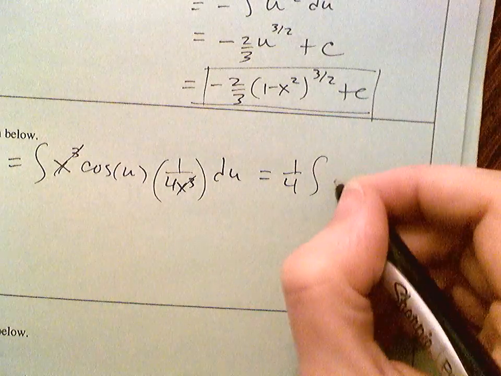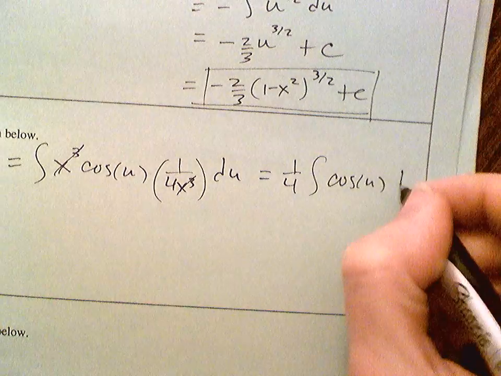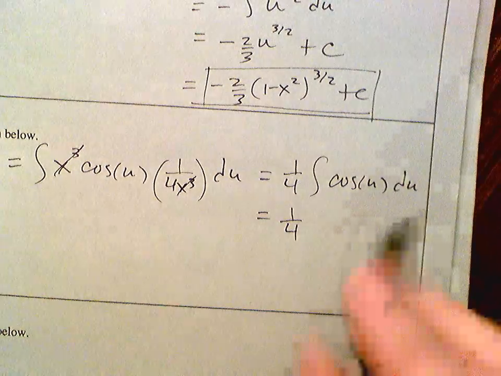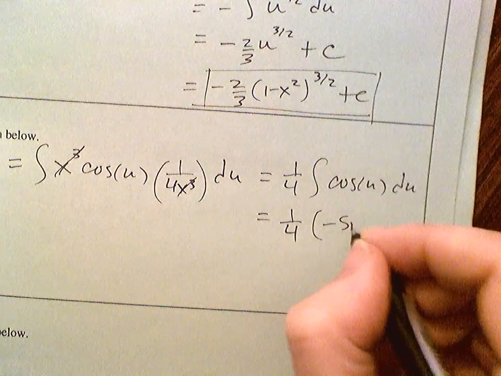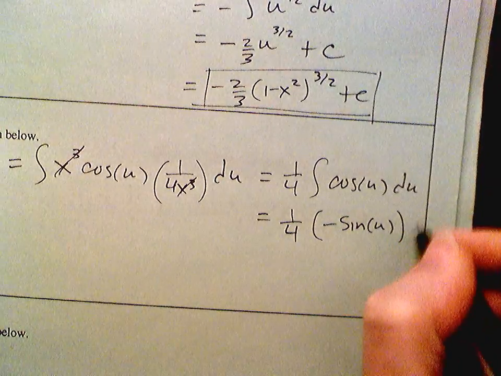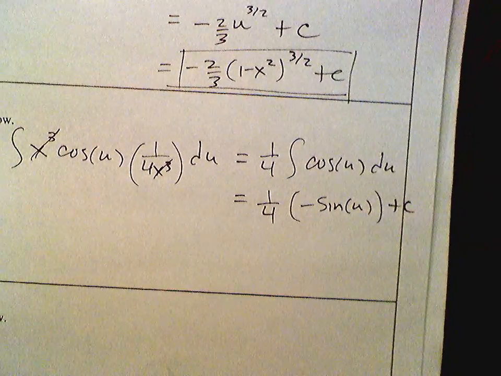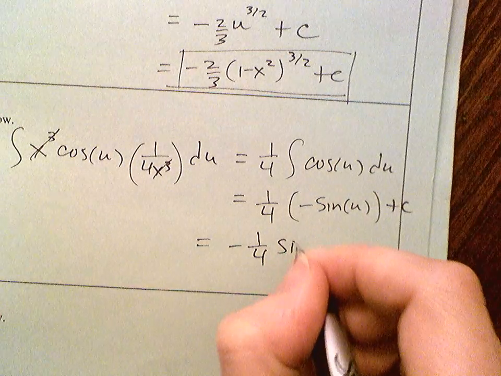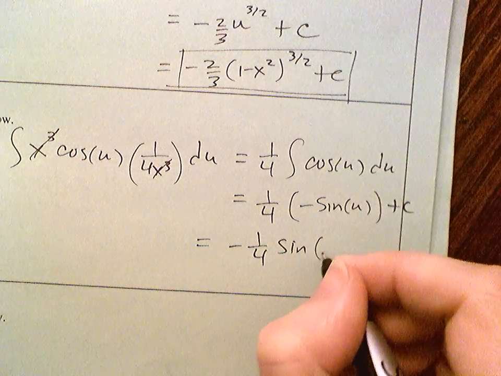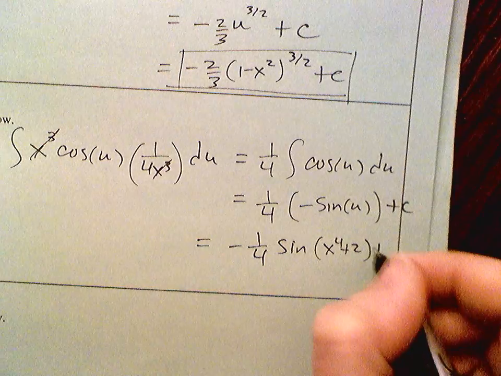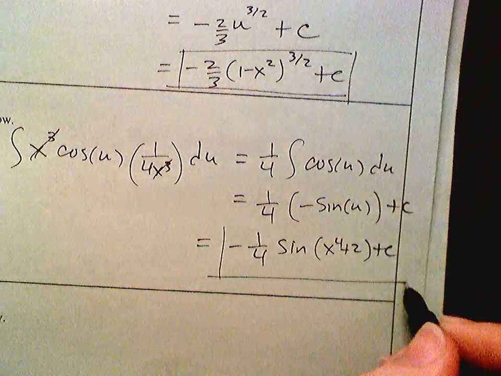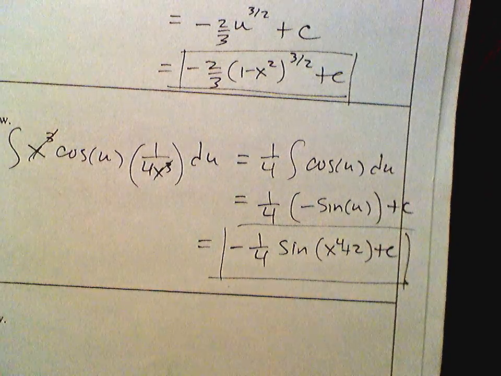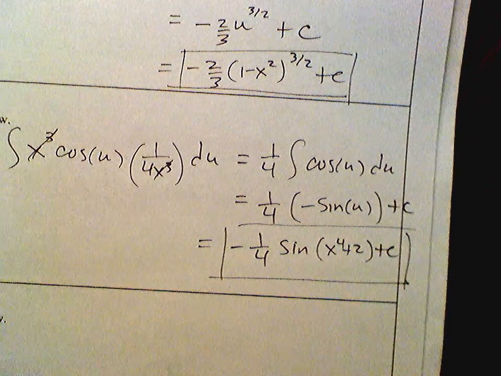So 1/4 antiderivative of cosine of u du, which is 1/4 times the antiderivative of cosine, which is sine, plus c. And then the very last step, this is 1/4 sine of x to the 4th plus 2 plus c. Alrighty. And if you take that derivative, you will end up with what we were taking the antiderivative of. So there's that.